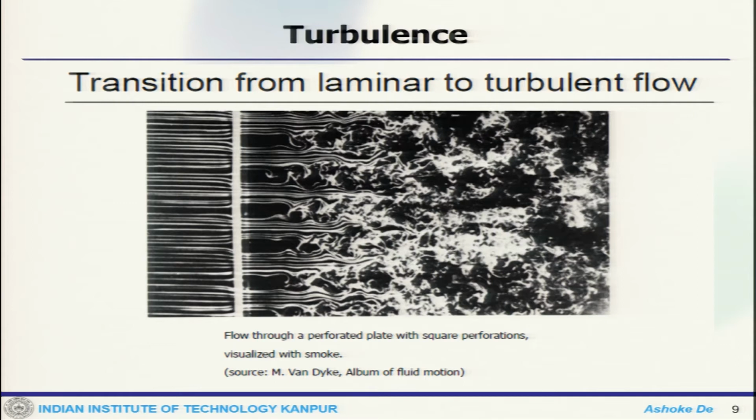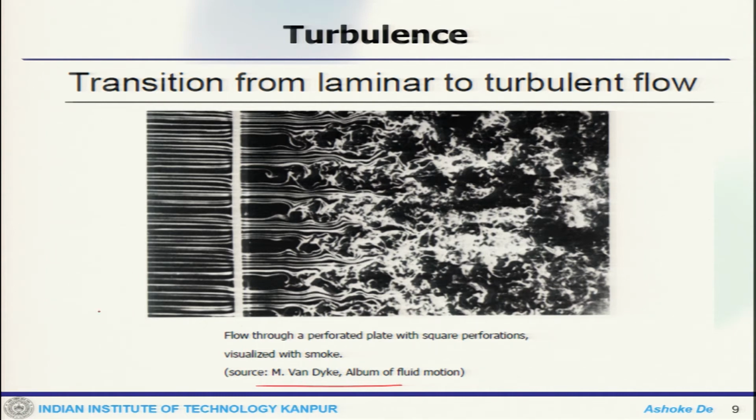Now, this is again a well known characteristic of turbulent flow. This is a flow through a perforated plate with some square perforations and smoke visualization. These are the sources of these images. If you are curious, you can look at them.